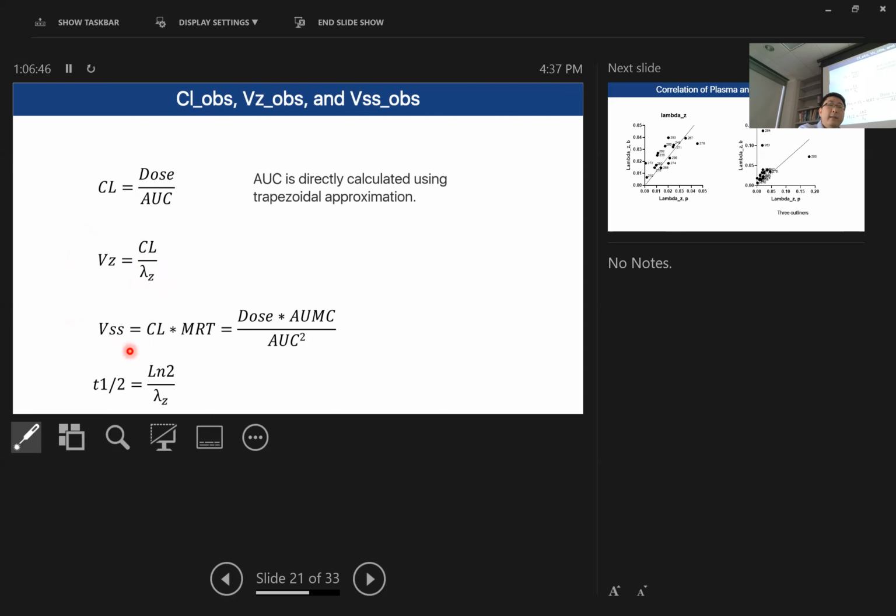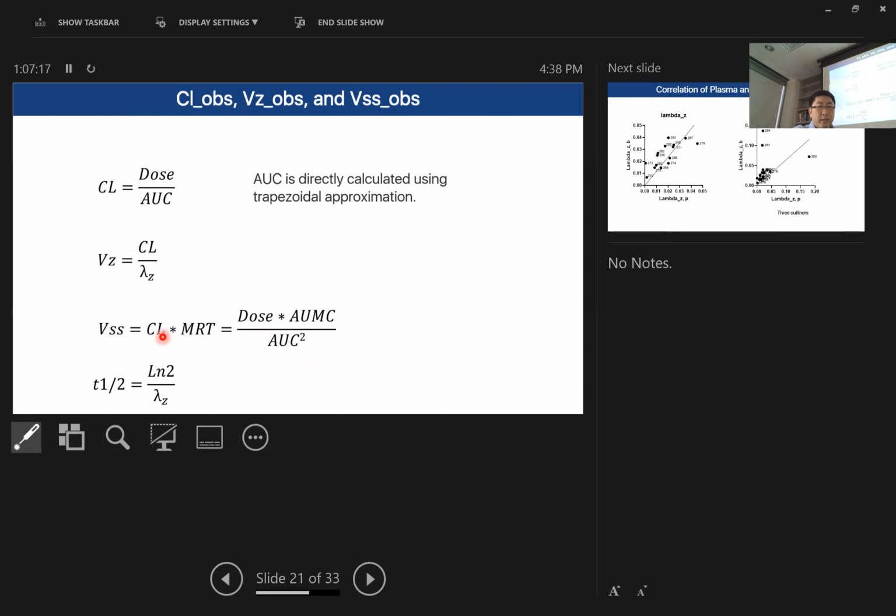Another way of calculating the so-called steady state volume of distribution is using the clearance times MRT. MRT is essentially 1 over lambda Z, right? But I think the difference here is, the steady state volume of distribution, you can calculate using basically dose times AUMC divided by AUC squared.